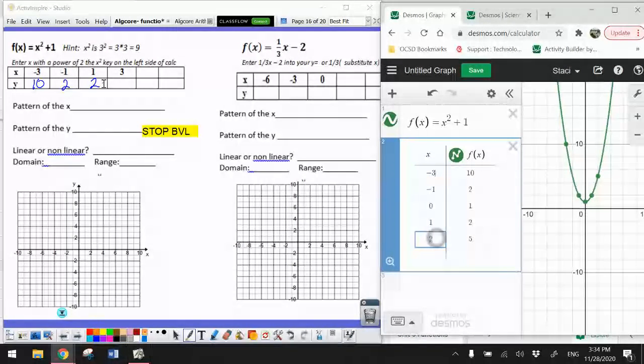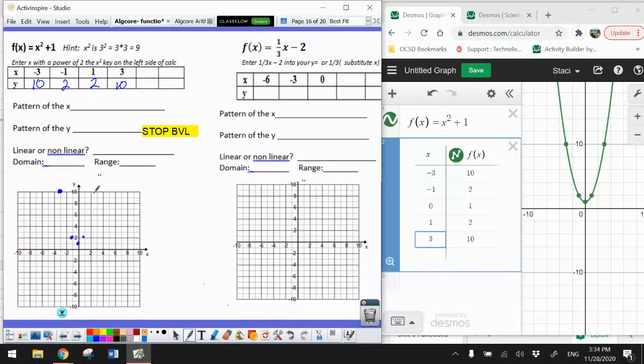And I need a 3. And that's 10. Okay, so I'm going to go ahead and graph this. And it needs to look like my graph. Okay, so I know that at negative 3, I have 10. And at negative 1, I have 2. And then it turns around right here at 0, 1. And it's going to go back up.